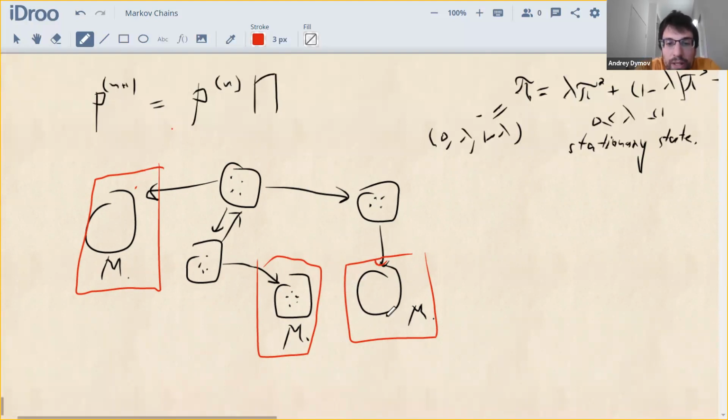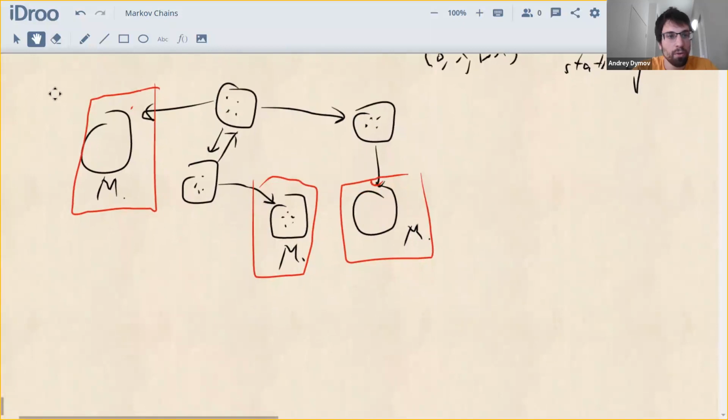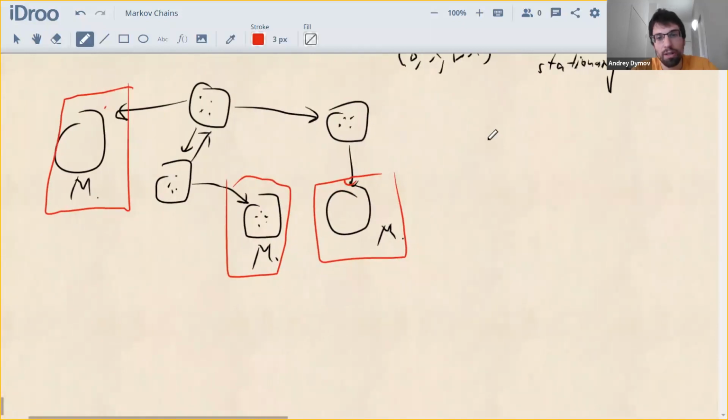And then when you have already arrived at the minimal communicating class, you have an irreducible Markov chain, essentially, and for irreducible Markov chains we know everything. If it is aperiodic, then inside of this minimal communicating class you have ergodicity. If it is periodic, you do not have ergodicity, but you have the unique stationary state there, right? So finally, we have the following picture.